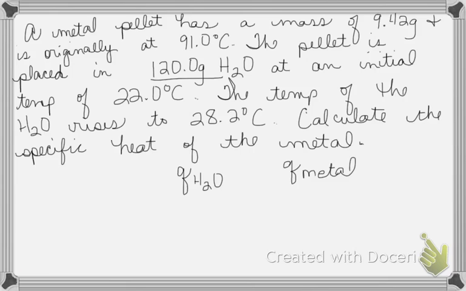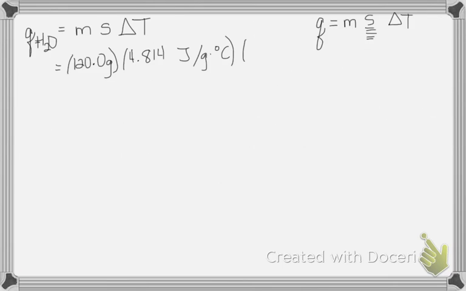You know how the metal changes its temperature, but you don't know how much heat it gave off. So you're missing the Q and the s that you're going to solve for. So I can solve for the Q of the water, and then the water and the metal are just going to be the same. Exactly, just opposite sign.